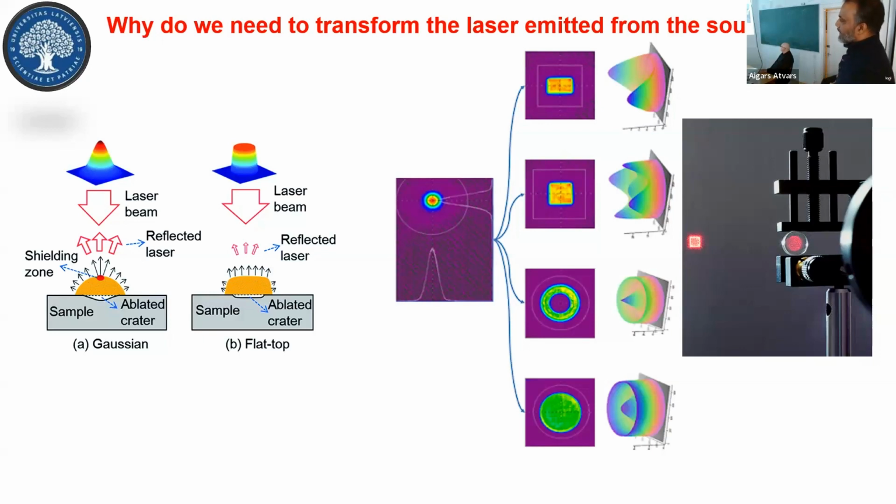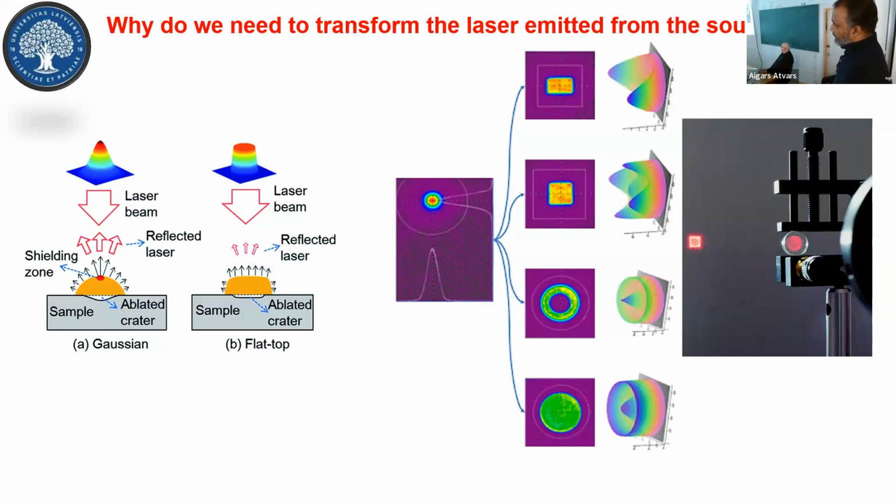For example, I'll explain one promising application I'm presenting over here. Laser ablation is one of the promising applications where Gaussian distributions are not expected by researchers. If you look at the first profile, it's exactly the laser beam with the Gaussian distribution. And the second one is a laser beam with a flat top distribution.